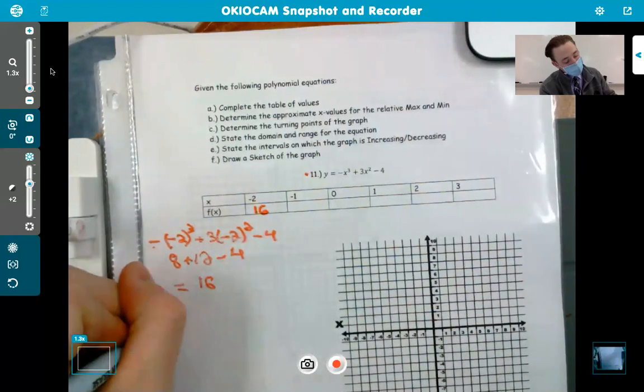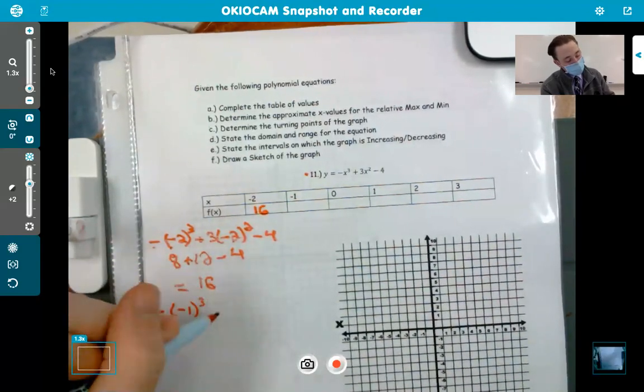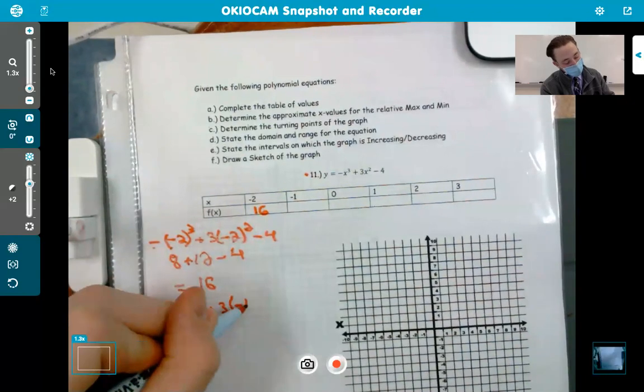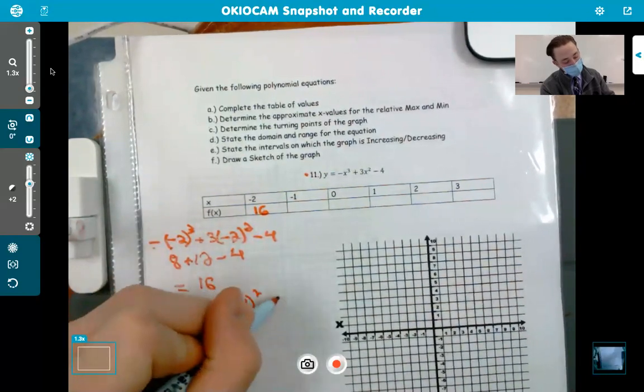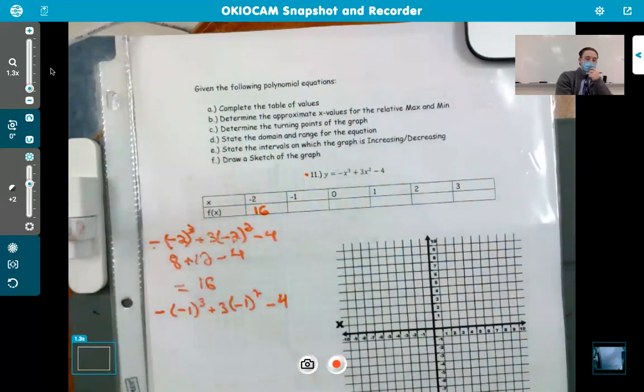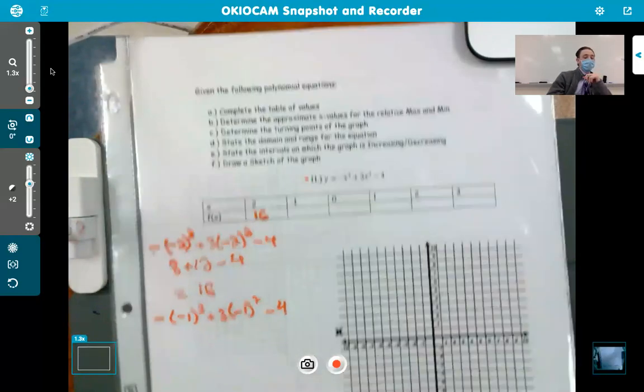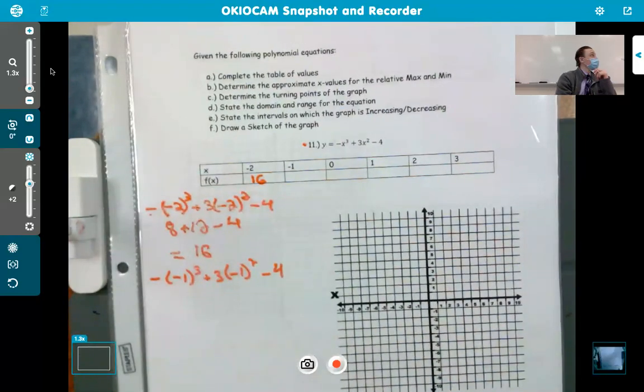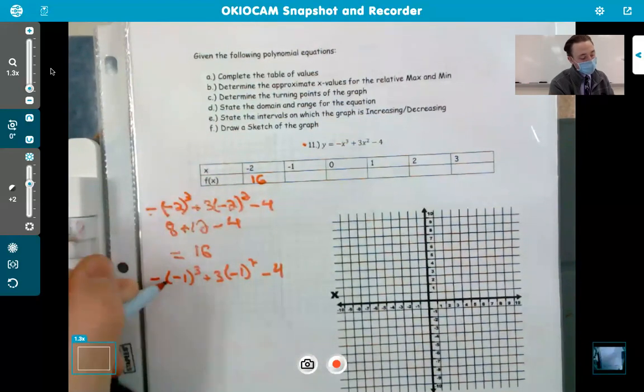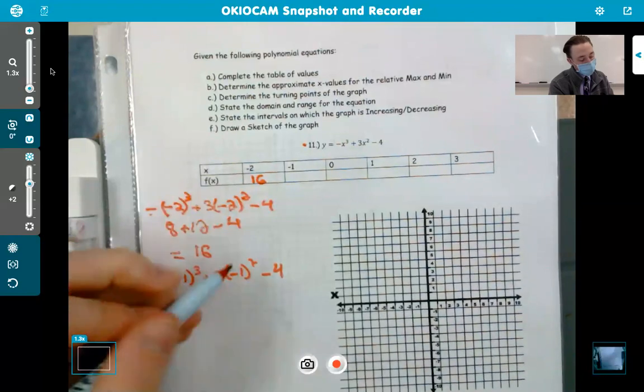I have negative 1 cubed plus 3 times negative 1 squared minus 4. What would be the value here? Zero. Good. Negative 1 cubed is negative 1 times negative 1 gives you 1.